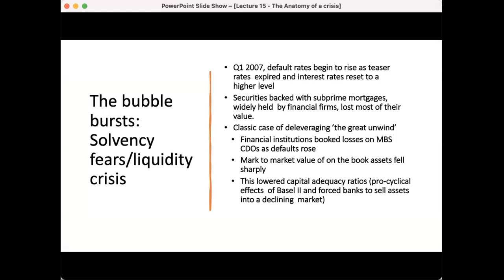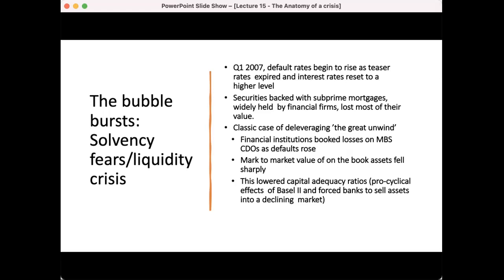And once they default, the underlying mortgage fails, and then the CDO champagne tower will fail as well. As a consequence, all of the securitized financing starts to fail too.